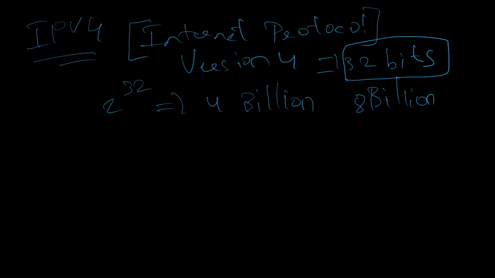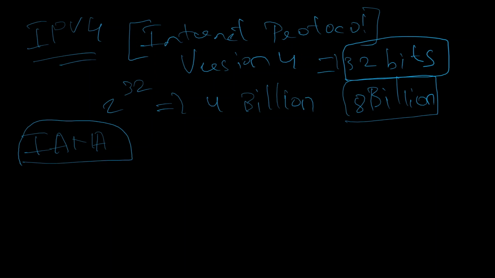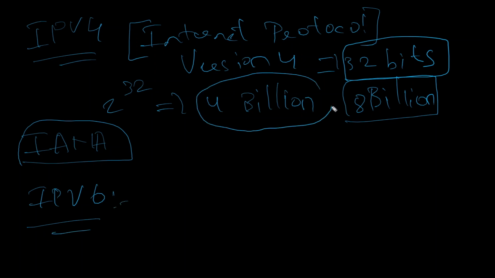And the population is growing at a huge rate. IANA decided that these IP addresses might not be sufficient in the future, and we might get scarcity of IP addresses. That's why they introduced IPv6. Even though we have 4 billion IP addresses, we use private IP addressing so that multiple devices can get the same IP address if they are present in different networks.